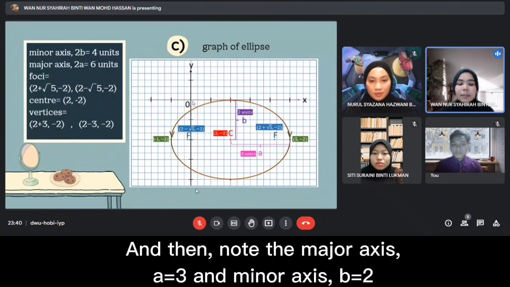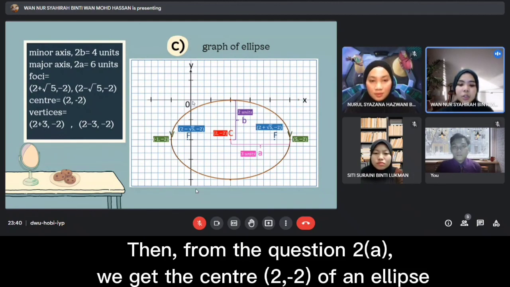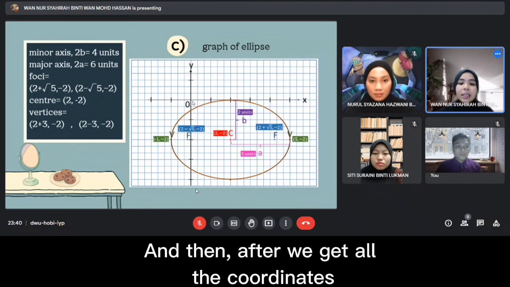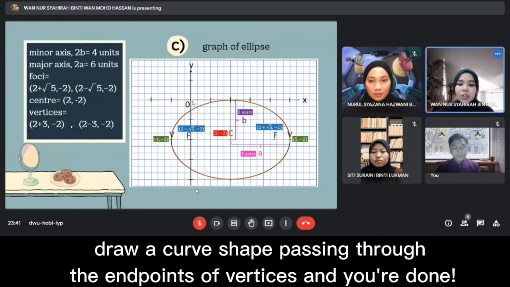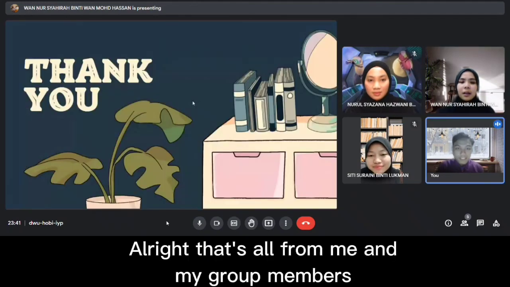And then, note the major axis a equals 3 and minor axis b equals 2. Then, from question 2A, we get the center (2, -2) of the ellipse. And then, after we get all the coordinates, draw a curve passing through the endpoints of the vertices and you are done. Alright, that's all from me and my group members.